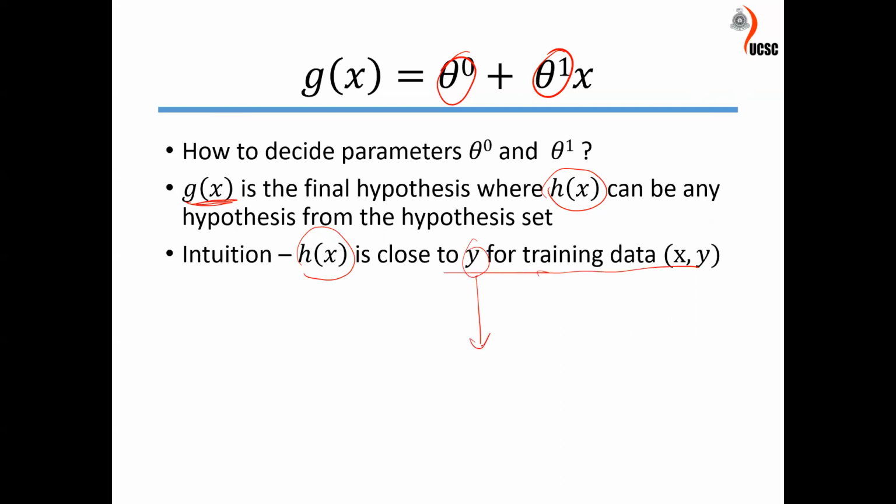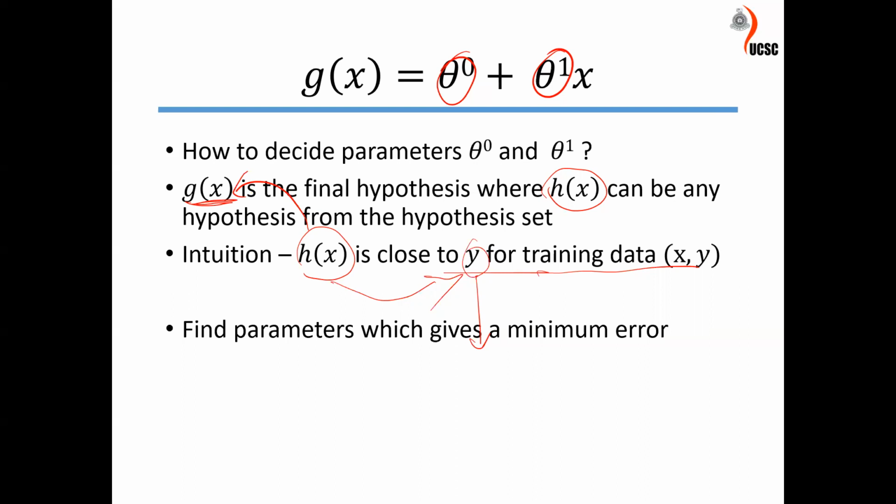So we're going to make h(x) closer to y. If it is the closest one to y, then that becomes our final hypothesis.